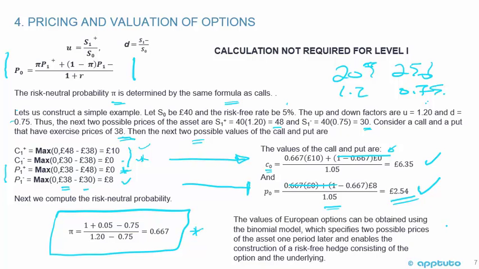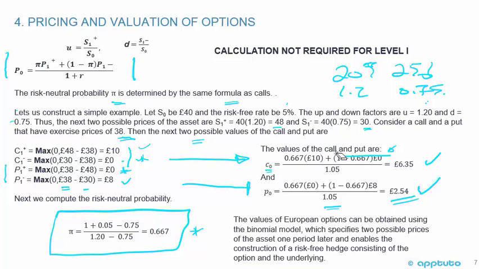So the value of European options can be obtained using the binomial model, which specifies 2 possible prices of the asset 1 period later, and that enables the construction of a risk-free hedge consisting of the option and the underlying, okay? So again, for this LOS, you don't need to do the calculation, but you need to explain it.